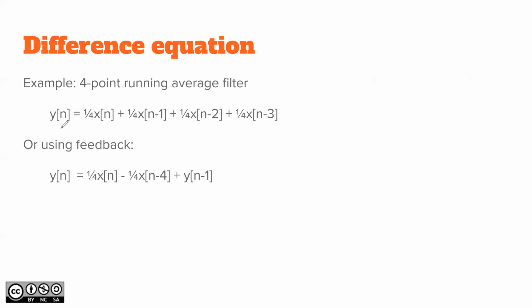So the first one here, the first part, that's the current input signal. This one here is the previous one, so it basically is the history of the input. So we take 4 subsequent samples.